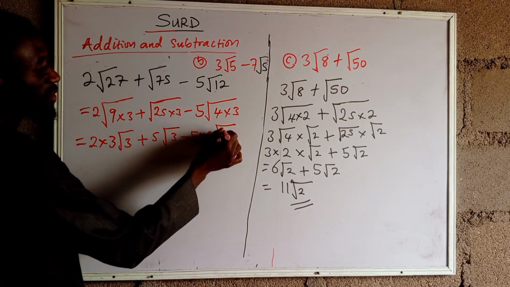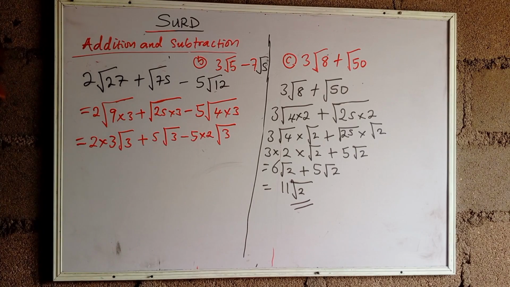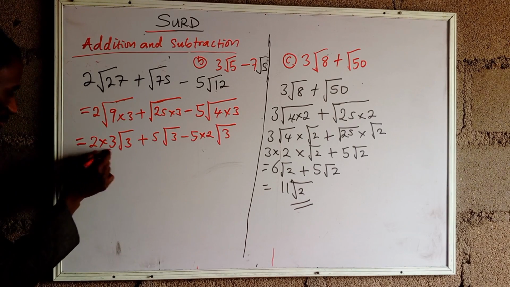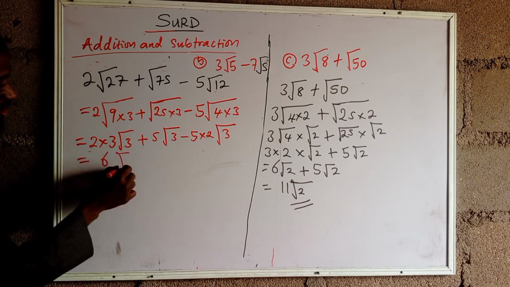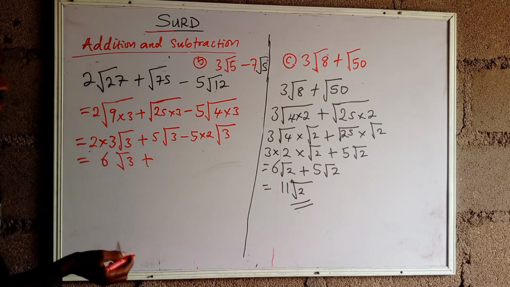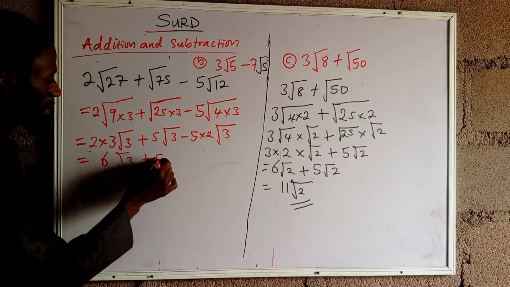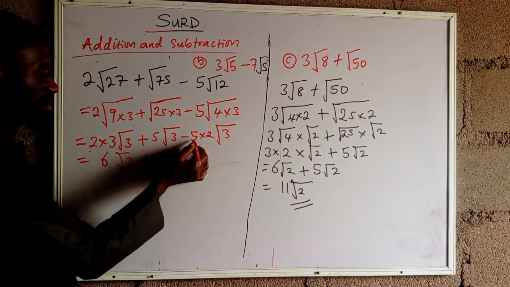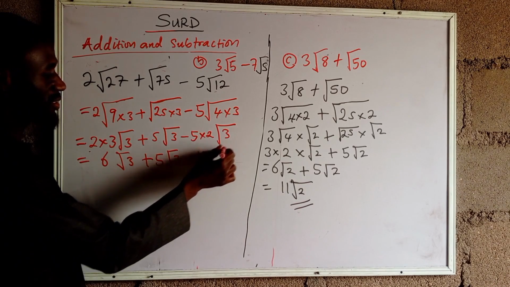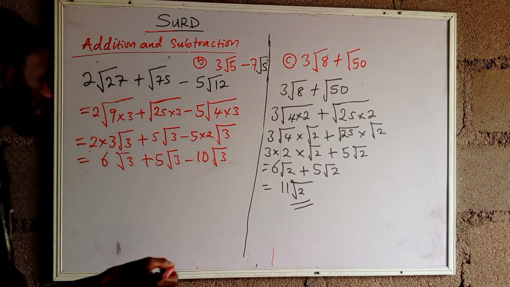The square root of 3 will remain also. And now we have 2 times 3 as 6 root 3 plus 5 root 3 minus 5 times 2, here is 10 root 3.